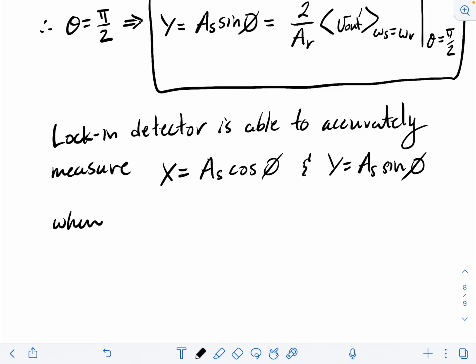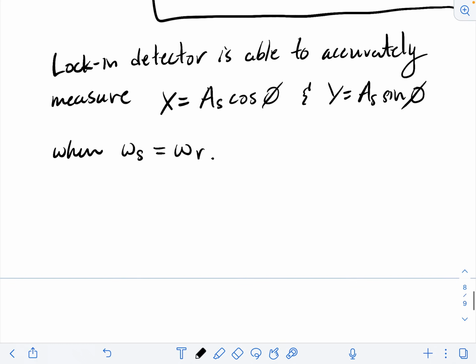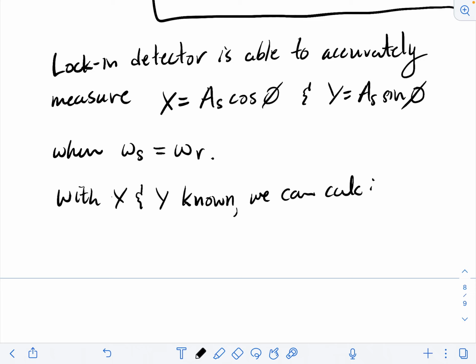The signal of interest has the same frequency as the reference signal. So with these values, or let's say with X and Y known, we can calculate the signal amplitude as the square root of X squared plus Y squared, and the phase tan phi is equal to Y over X.